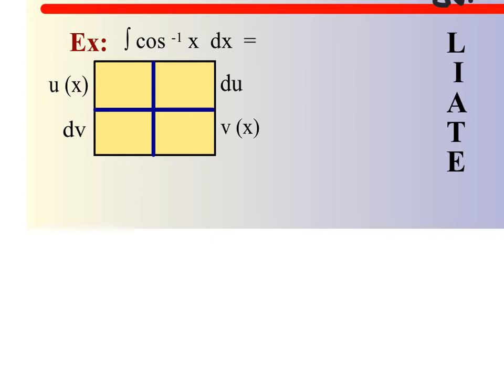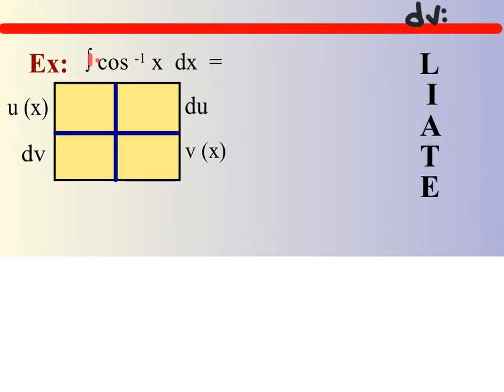Okay, this one can throw some for a loop. I'm going to write 1 times the inverse cosine of x. Okay, so u's up, dv's down. u is going to be the algebraic. Okay, I was mistaken there. I had written 1.